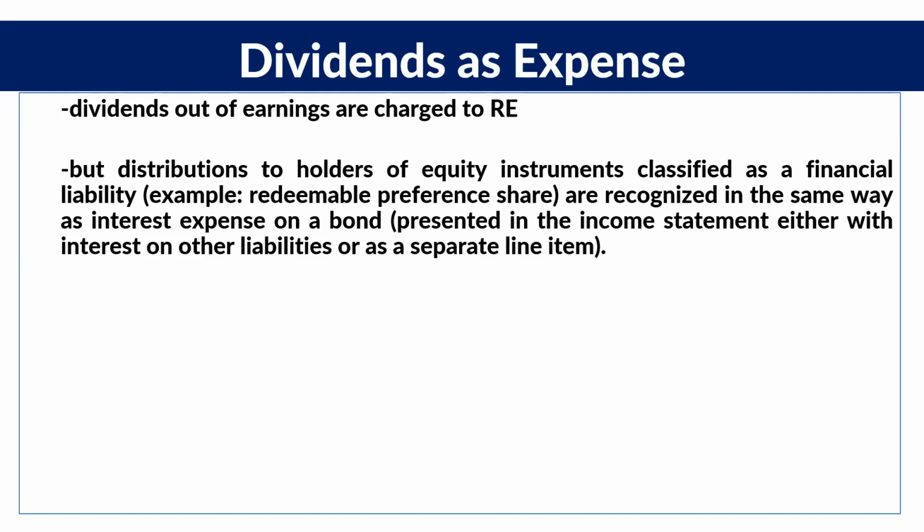So with that, yung interest expense natin, i-report natin sa income statement, either with interest on other liabilities or as a separate line item. So depende lang. The point is, yung dividend payments for equity instruments na considered as financial liability should not be debited to retained earnings, but rather treated as interest expense, just like a bond payable.